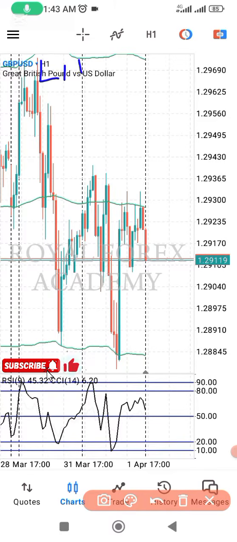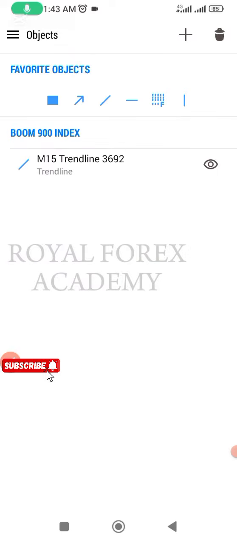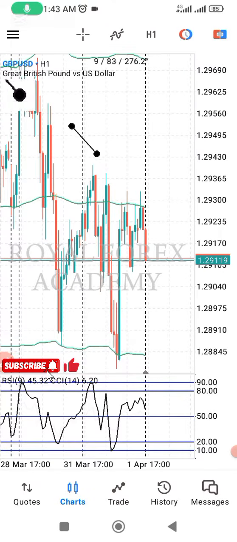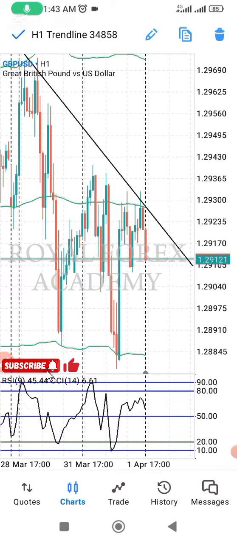So this is a lower high, this is a lower low, here we have a new lower high, and this is our lower low. So we can say based on this that we are in a typical downtrend scenario. You can as well connect your trend line, and it will be obvious that we are in a downtrend.